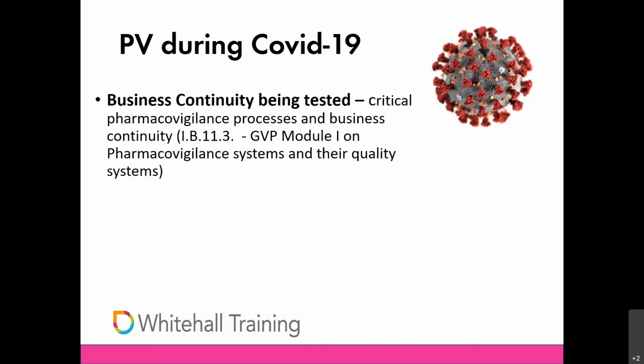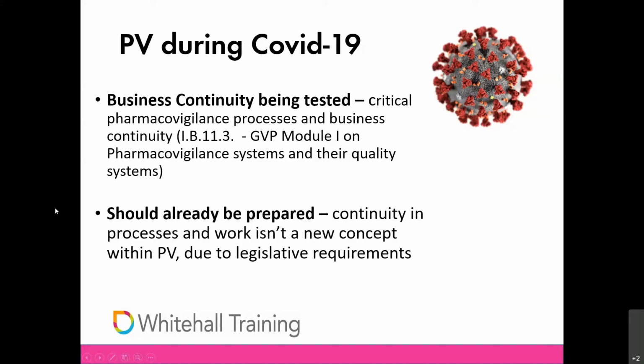So for those of you who aren't familiar with it, you can read a little bit more. But essentially, like most regulated industries, pharmacovigilance has an inbuilt requirement for disaster recovery planning. Although, to be perfectly honest, COVID-19 has stretched things somewhat. It's a real test of people's planning.